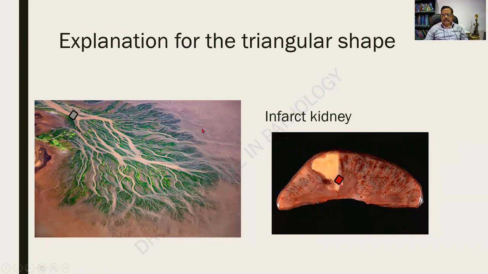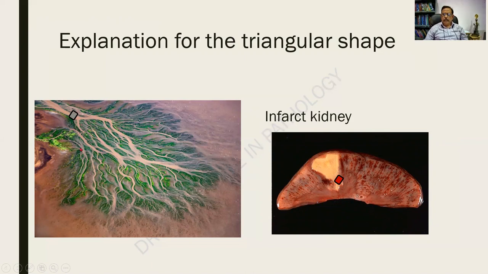And this is the plain where it is very fertile. Now, what will happen when there is going to be a damming of the river water? All this will be obstructed and this entire area becomes dried.